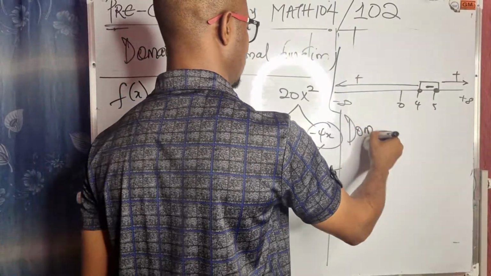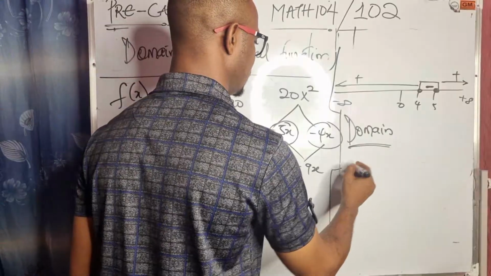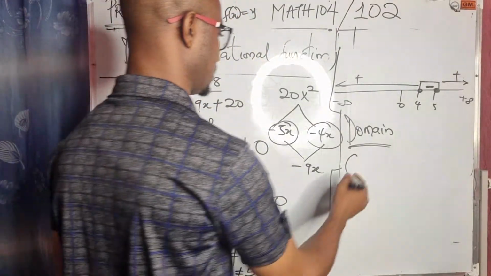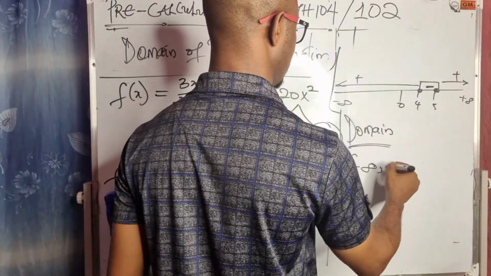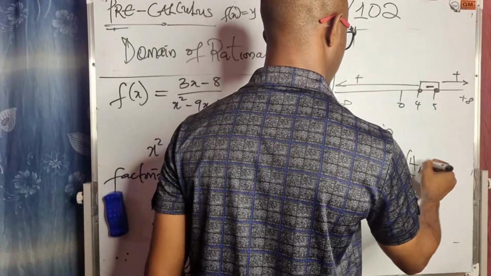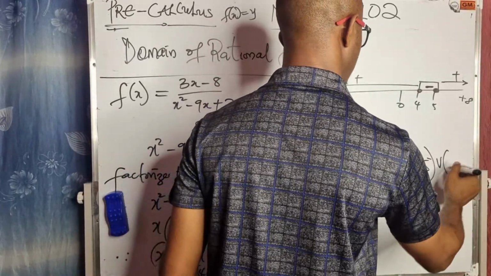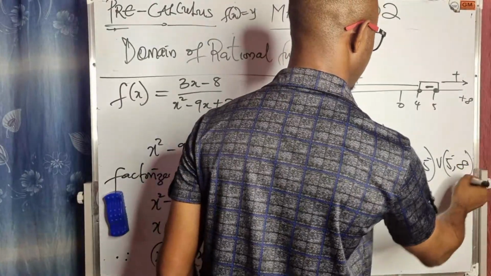Our domain is going to be minus infinity to 4 union 4 to 5 union 5 to positive infinity.